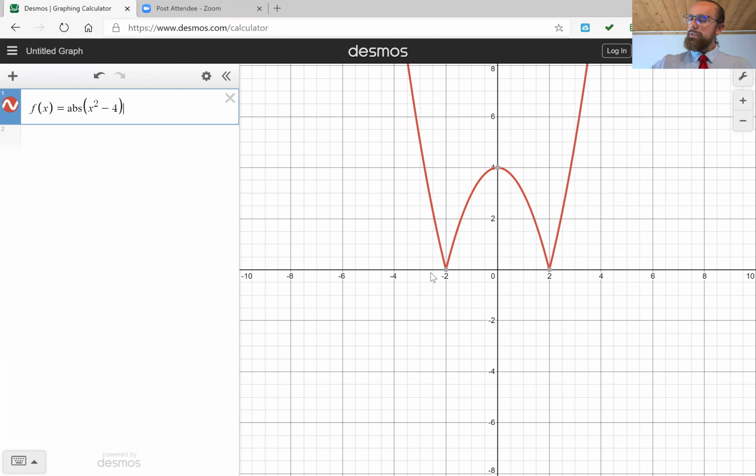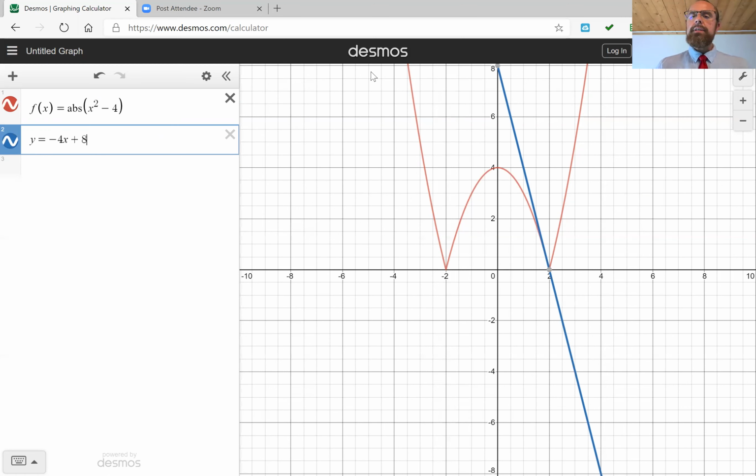And just like we had seen, when I look at positive 2, as I approach from the left, the slope of the tangent line is definitely negative there. In fact, if we were to write an equation, I know the tangent line would go through the point (2, 0). So the equation of the tangent line from the left would be y equals negative 4x plus 8.